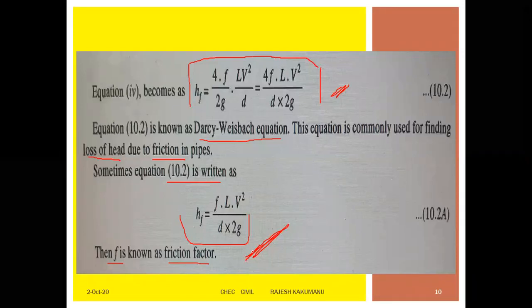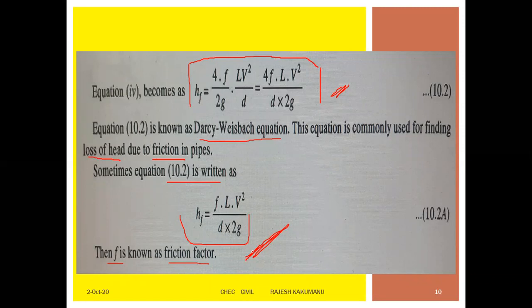So you have learned 2 equations for laminar flow and turbulent flow. In the third unit, these 2 equations are very, very important.